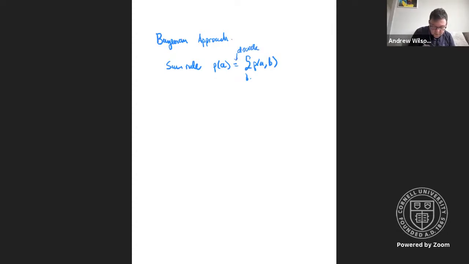For continuous, we would have it equal to the integral of P(A,B) integrating out B. And the product rule, which says that the joint distribution over A and B equals P of A given B times P of B, which equals P of B given A, P of A.